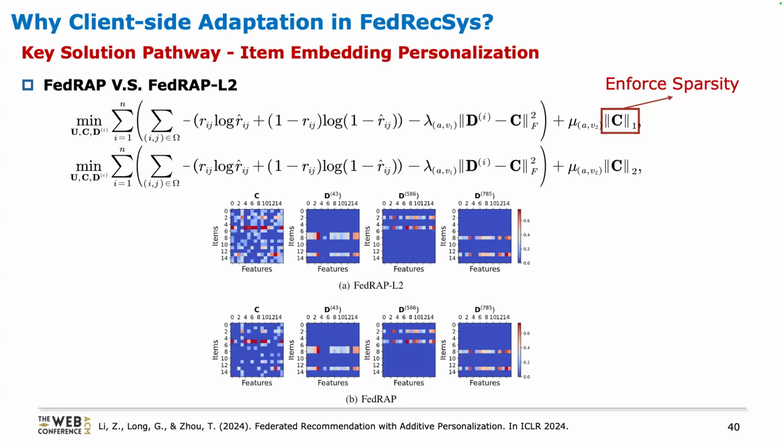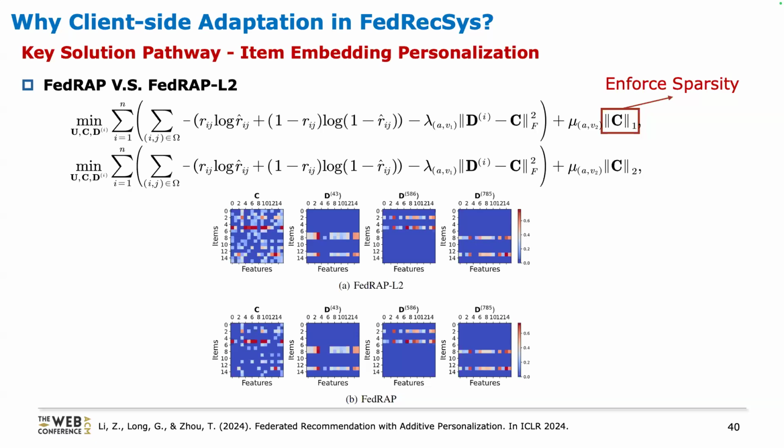Let's look at the heat maps. In FedRAP L2, you see lots of blue and red patches in the global C matrix, whereas in FedRAP, almost all of C is 0. And the non-zero signals have moved into each client's offset D_i.